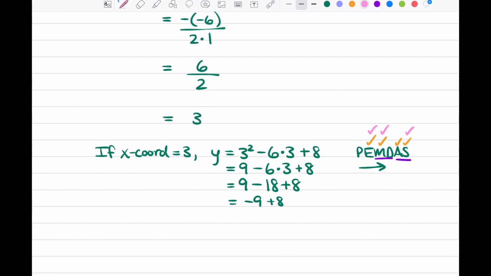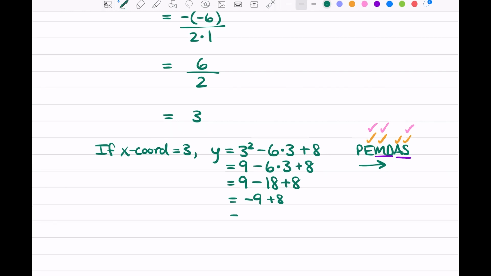So we finish our subtraction. Now we have negative 9 plus 8, which gives us negative 1. Therefore, the vertex is at x equals 3, y equals negative 1.